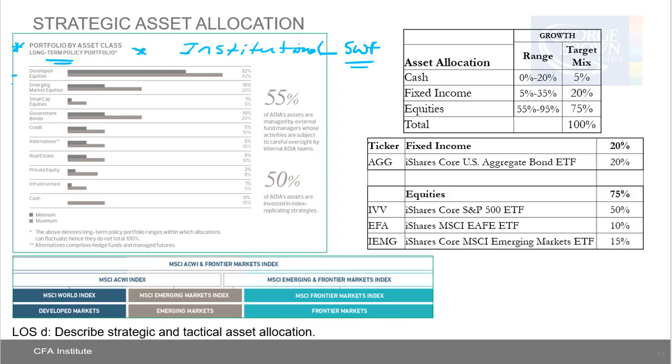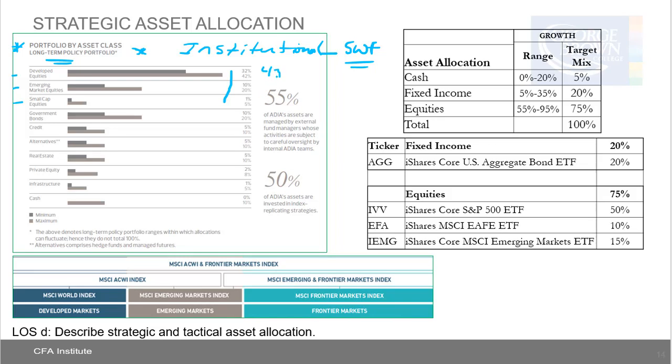So you can see developed equities, emerging market equities, and small cap equities. Those are stocks. So at the low end of the range, 32 plus 10 plus 1, that's 43% as a minimum allocated to stocks. At a maximum, the range 42 plus 20, 62, plus 5, 67%.